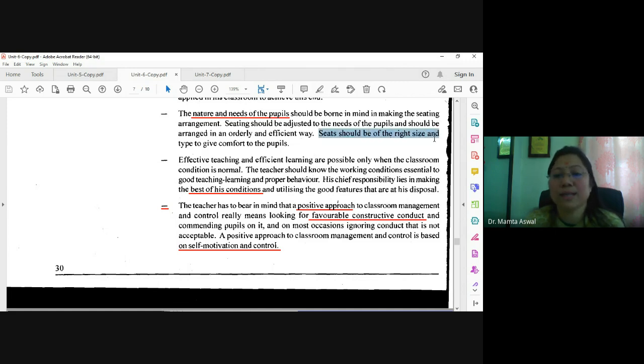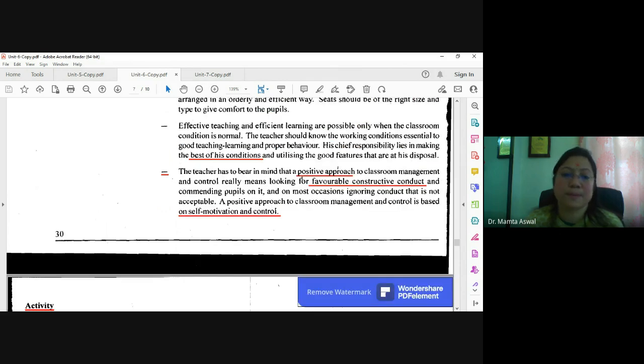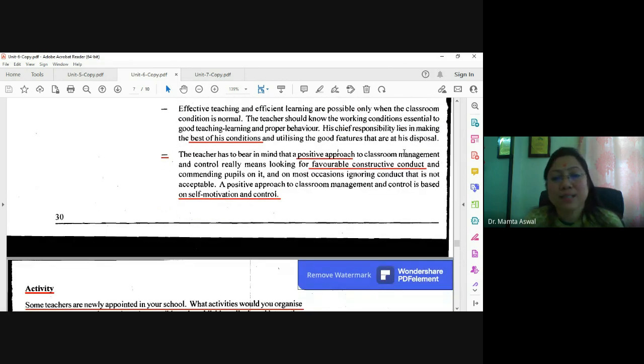Seating should be of the right size and type to give comfort to the pupils. Then the best conditions could be provided inside the classroom so that teaching learning is effective and the teaching learning situation becomes more appropriate.